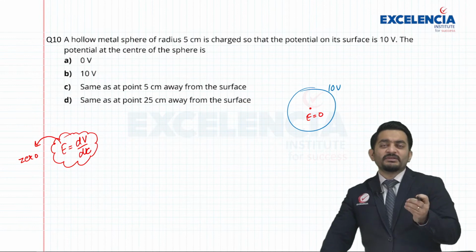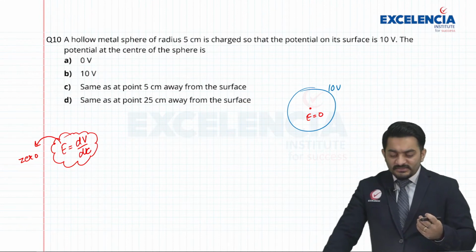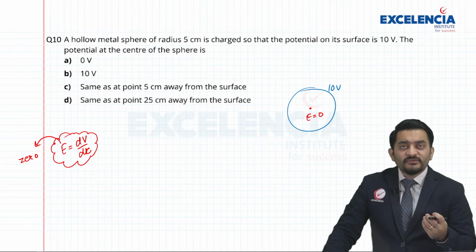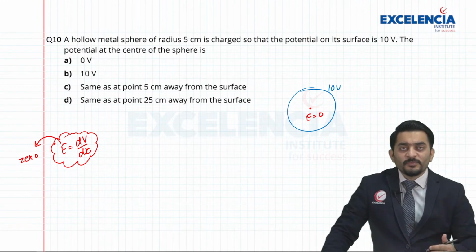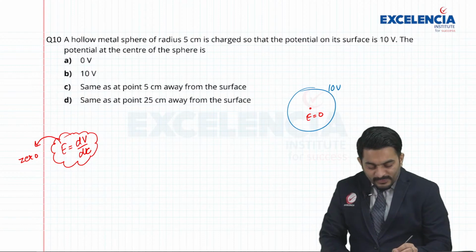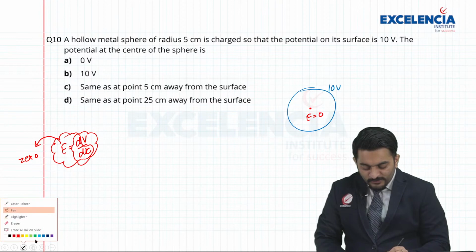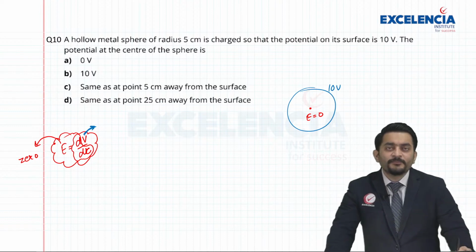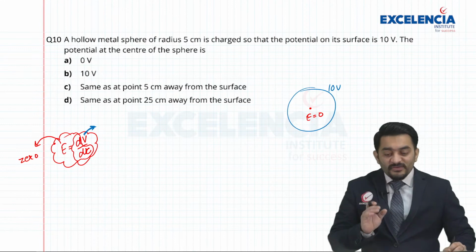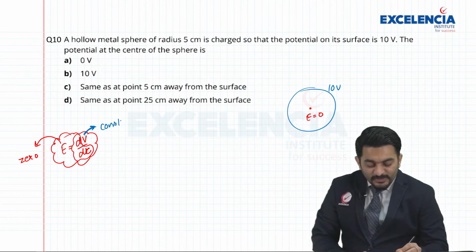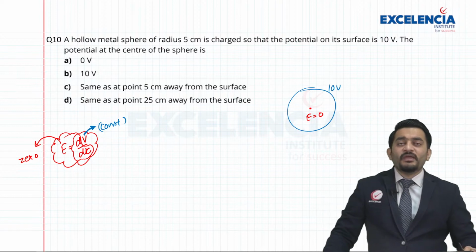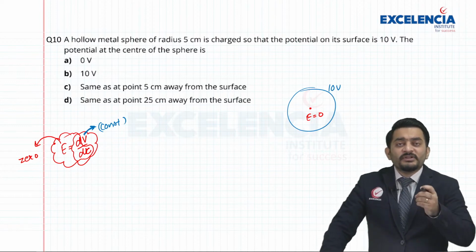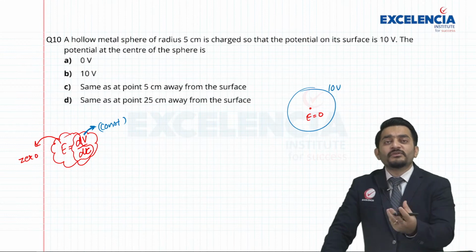If you have a basic knowledge of differentiation, dV by dr is the differentiation of voltage with respect to position. What should this V value be so that my electric field is 0? Your V value, as you have learned, should be constant. That is the only way, because differentiating a constant always gives you 0.